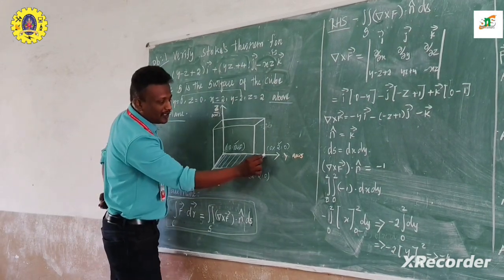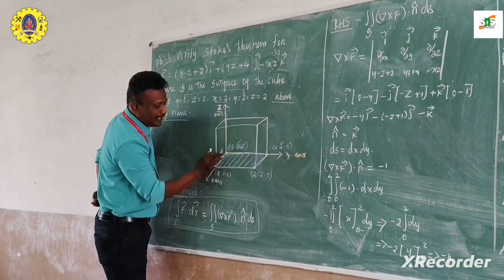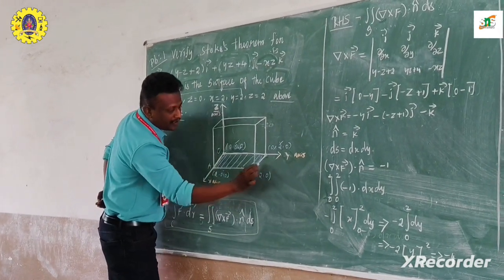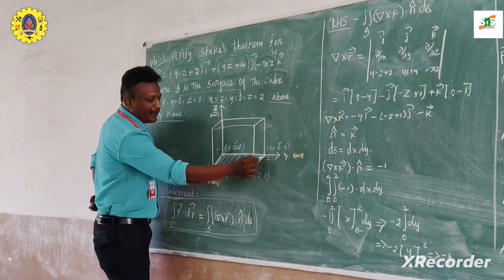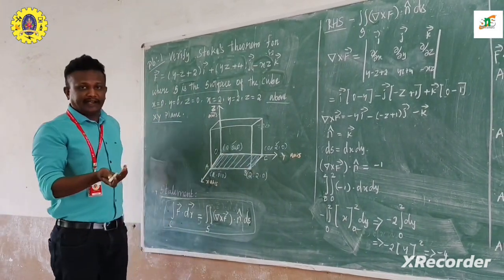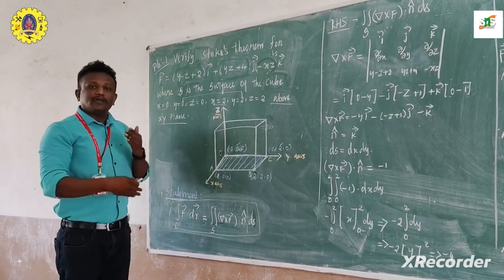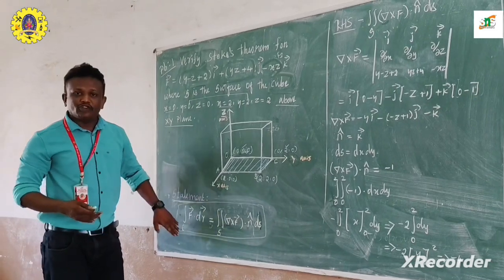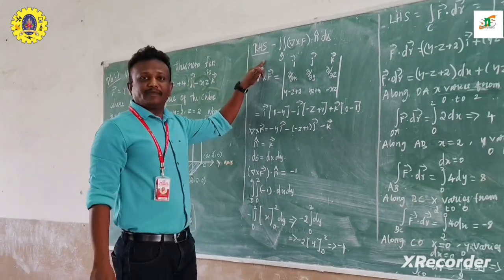After plotting these 4 points, you have to name them: this is O, this is A, this is B, this is C. OA, AB, BC, CO is the boundary line. The rotation in the boundary line is equal to the rotation in the surface area. That is what Stokes theorem says. Let us come to verify.